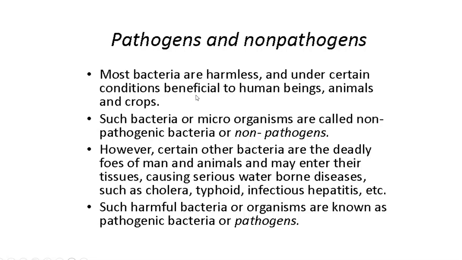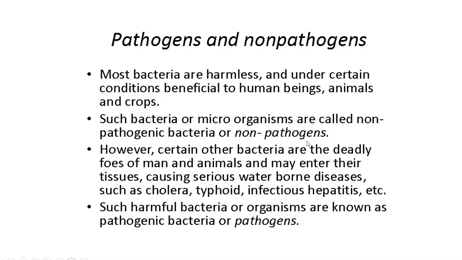Then we have pathogens and non-pathogens. Most bacteria are harmless and under certain conditions beneficial to human beings, animals and crops. Such bacteria or microorganisms are called non-pathogenic bacteria or non-pathogens.